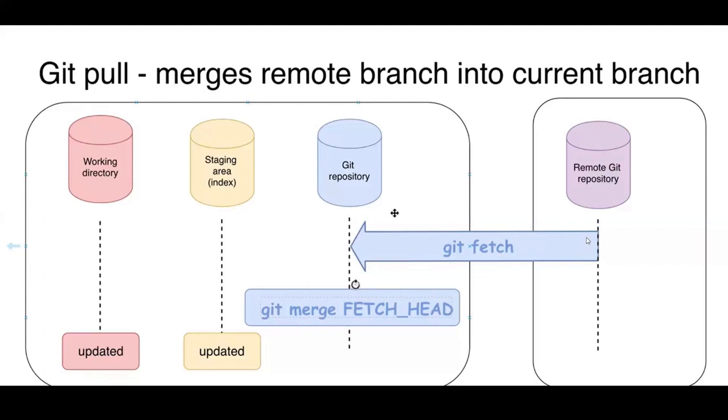In my previous session, I told you what git fetch does: it fetches all the commits from the remote git repository to the local repository part. And git merge FETCH_HEAD sets the branches into a single local branch.